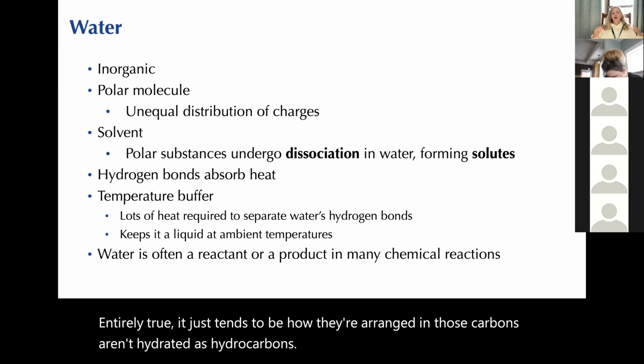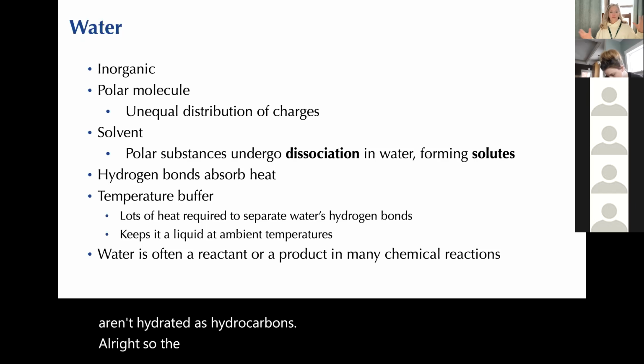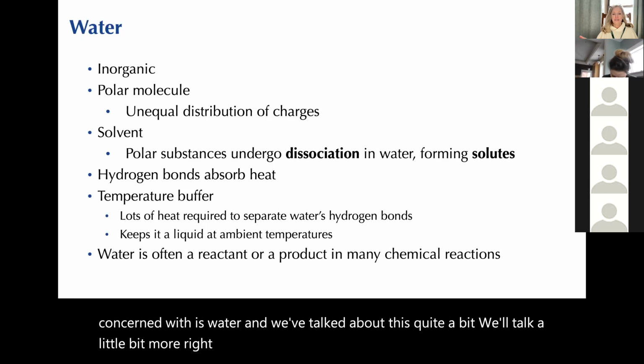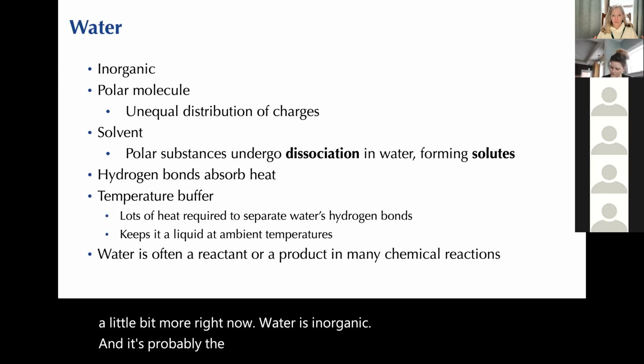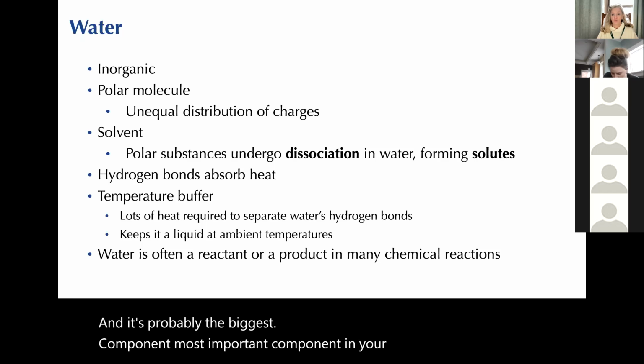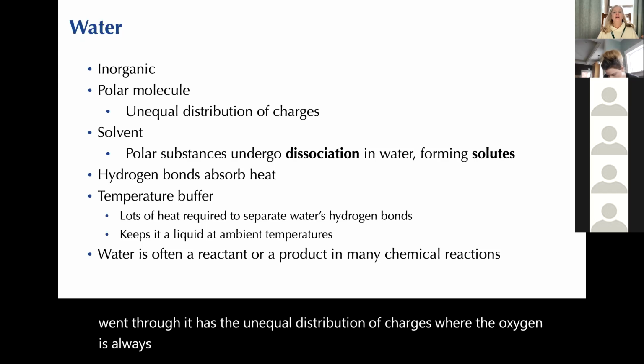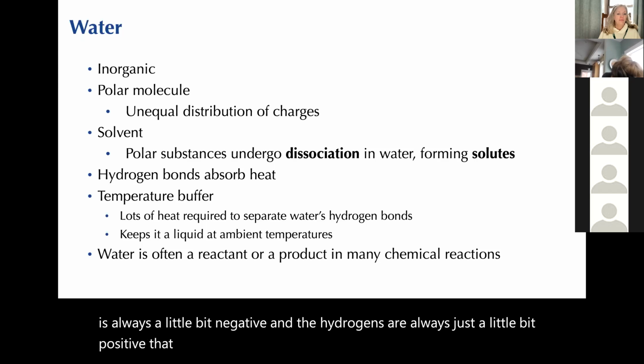All right. So the inorganic substance we'll talk about first that we're always concerned with is water. We've talked about this quite a bit. We'll talk a little bit more right now. Water is inorganic, and it's probably the most important component in your body. And it's polar. We went through that. It has the unequal distribution of charges, where the oxygen is always a little bit negative and the hydrogens are always just a little bit positive, that delta positive.